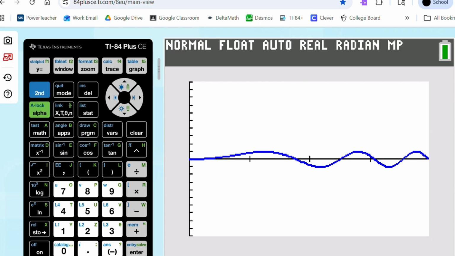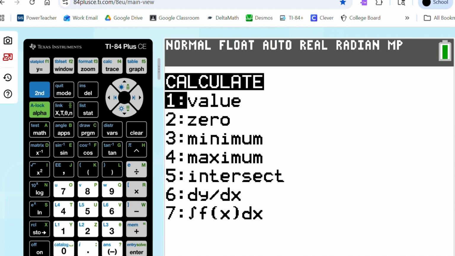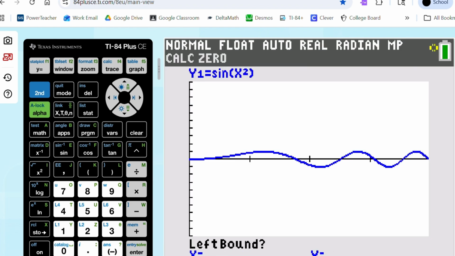We won't do all of them, but we can find them by hitting second trace. And then option 2 is zero. Just go to the left of one of the intercepts, hit enter, and then scroll to the right of that same intercept.